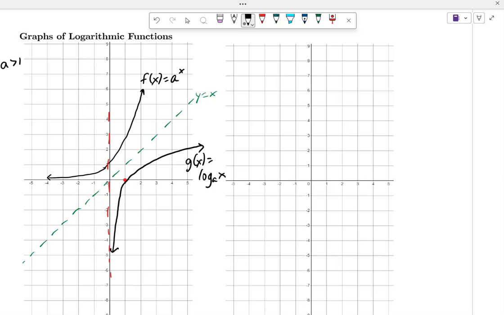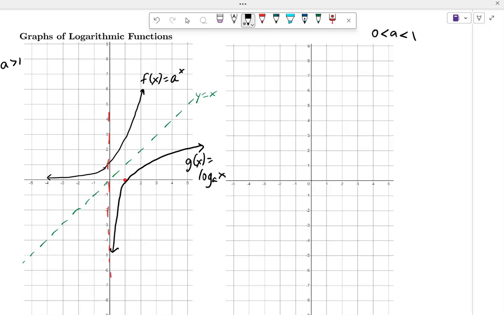Still going up and to the right. We cross the x-axis at 1 rather than crossing the y-axis at 1. We've got a vertical asymptote of x equal to 0 rather than a horizontal asymptote of y equal to 0. Flip-flopping the x's and y's. That's what it looks like if your base is bigger than 1.